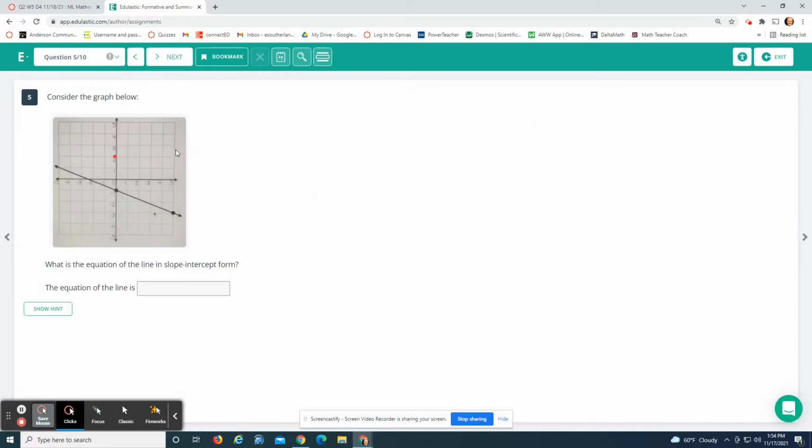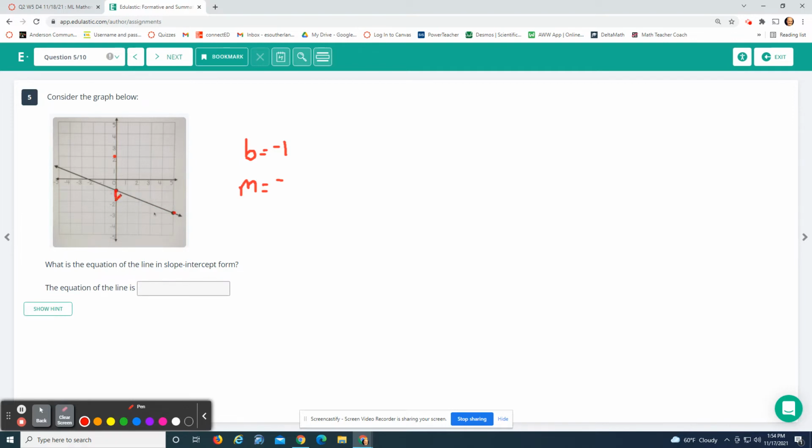For the next type of question, it wants you to write the equation. Again, you're going to do this the same way. So the b here, or the y-intercept, is negative 1. And then the slope, we follow the line left to right, and you'll notice it's going down, so we know it's negative, which is right there.